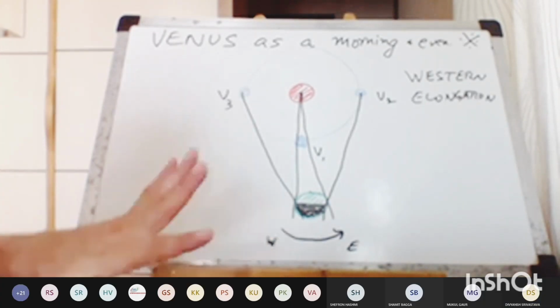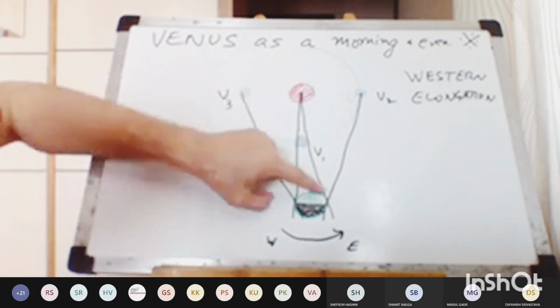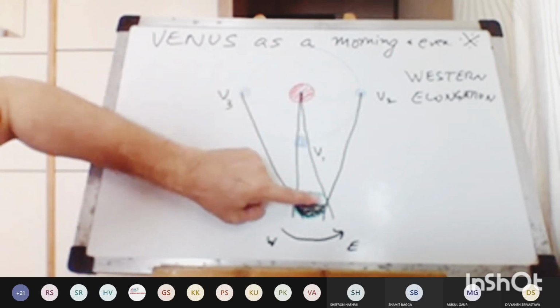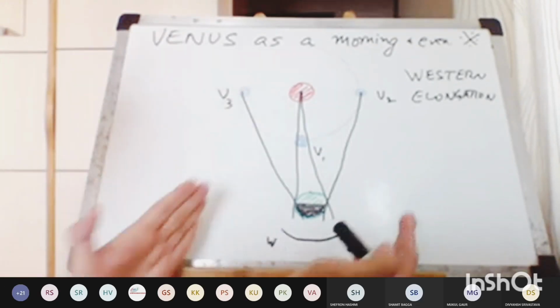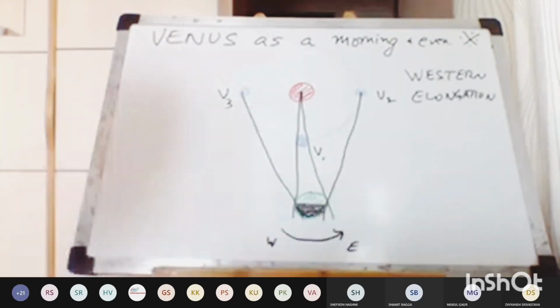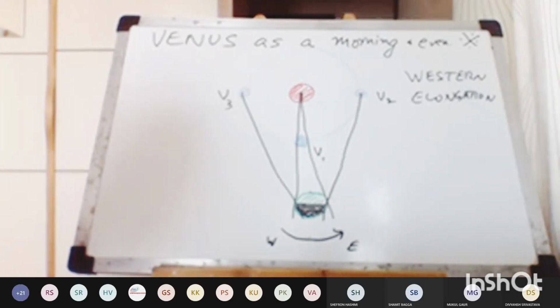Consider the geographical position on the Earth now. Venus has landed onto the Earth. Venus is here. Sun has landed onto the Earth. Sun is here. The Earth is rotating like this from the top anti-clockwise. Is Venus to the west of Sun or east?